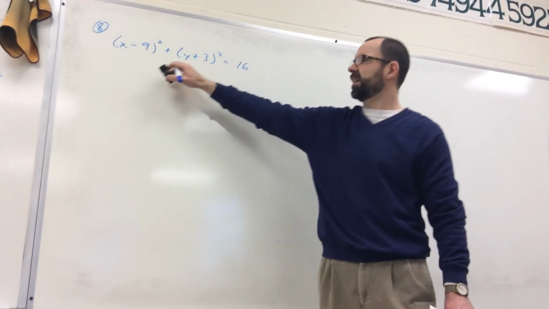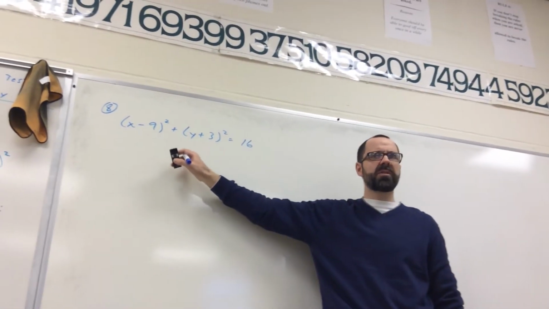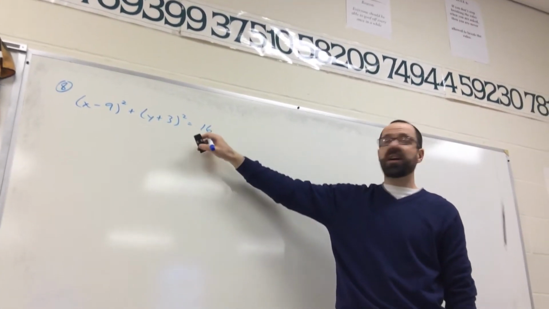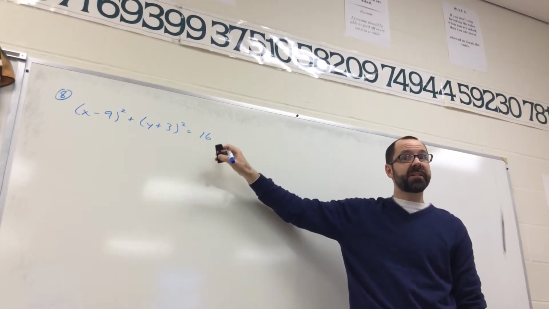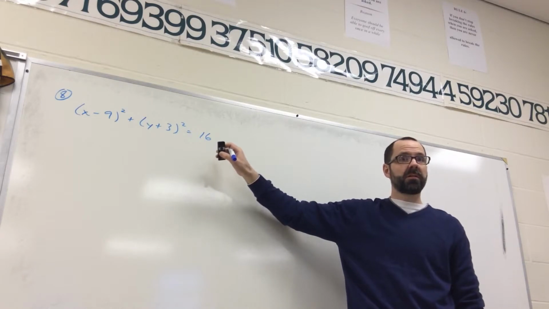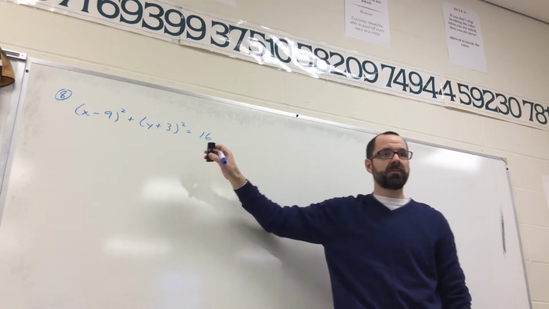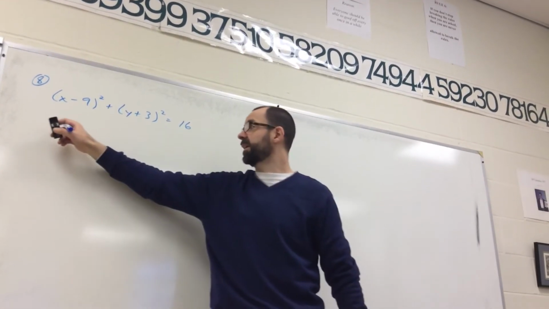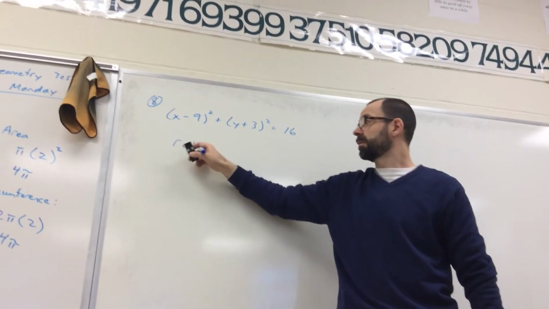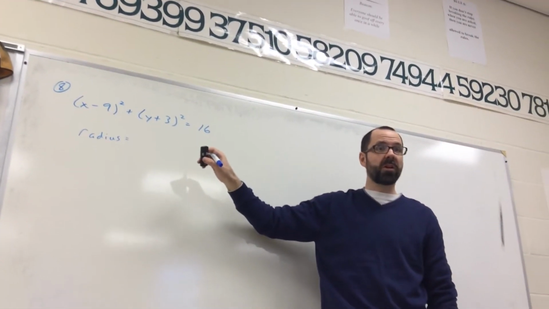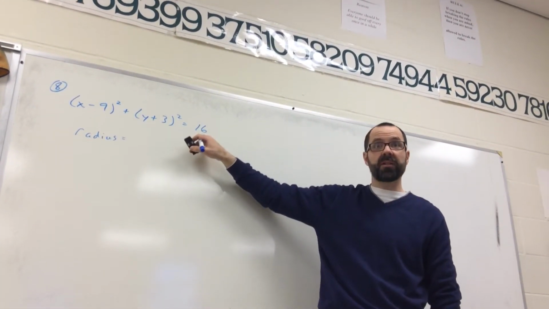Okay, anything else that's awkward about the way they wrote this? Yeah. The 16 is not squared. So that means that they already figured out the number squared. So what is the radius then for this circle? 4, because this is 4 squared.